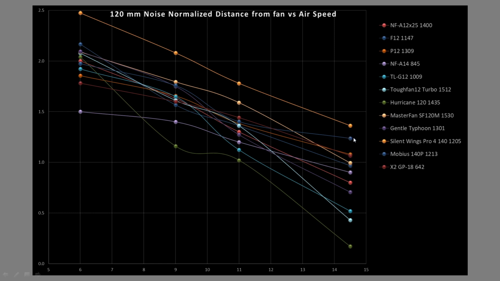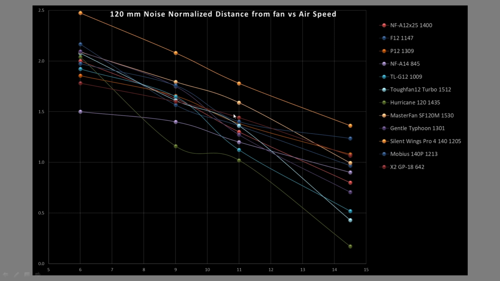This blue one, I believe, is the Mobius 140p, doing pretty well over here, kind of, it's right in the middle there, hard to see, and then it swings up and comes on over, so it's sort of the middle, down, up, and over. So it's overall looking pretty good overall.